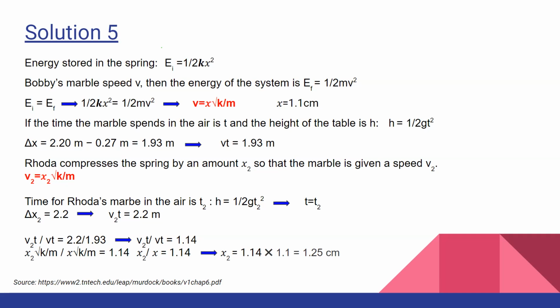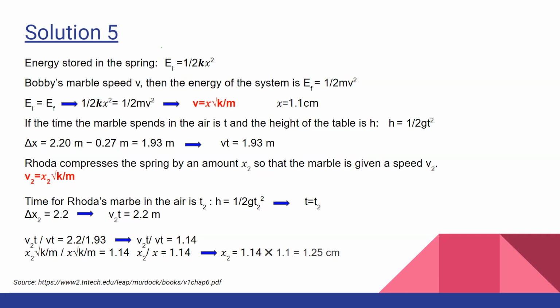We know delta x because Bobby's marble falls short: delta x is equal to 2.2 meters minus 0.27 meters, aka 1.93 meters, which is equal to v times t. We're going to leave it like that for Bobby because we can use these variables later.